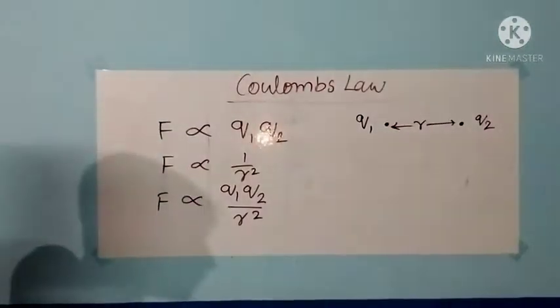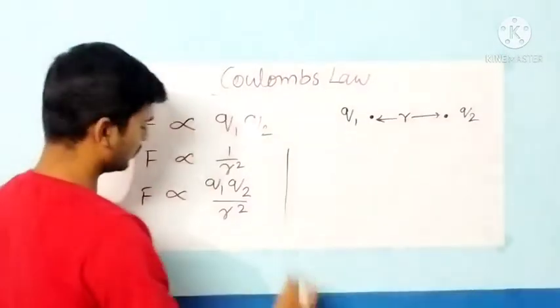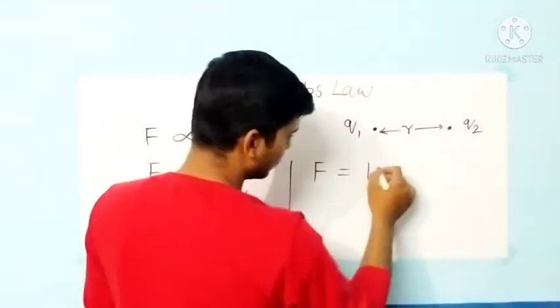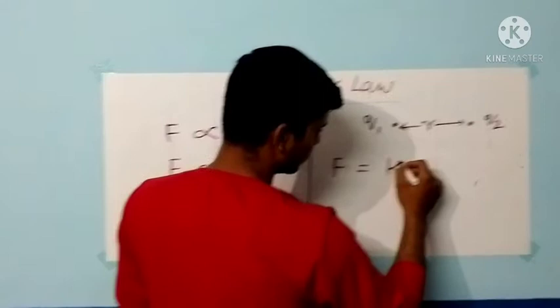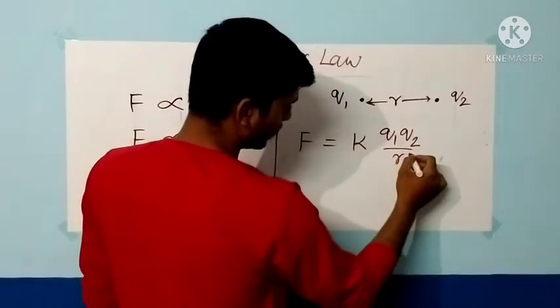Now when we remove the proportionality sign, a constant comes into the picture. So now the law can be written like this: F equals K q1 q2 upon r squared.